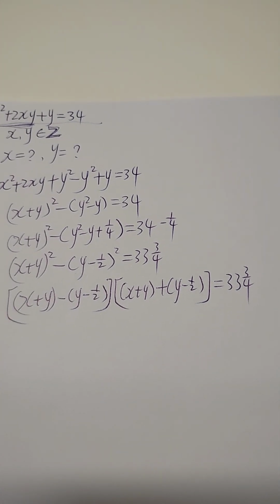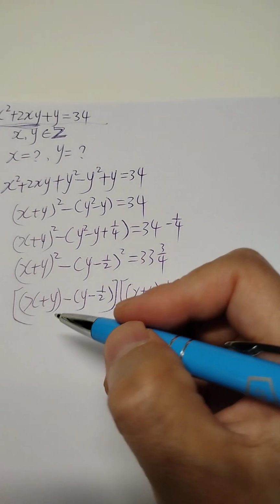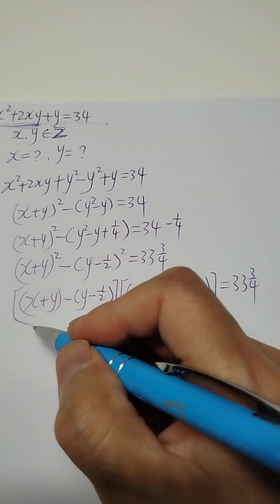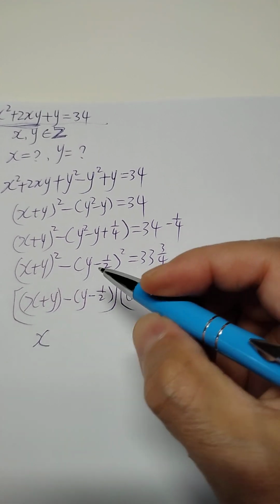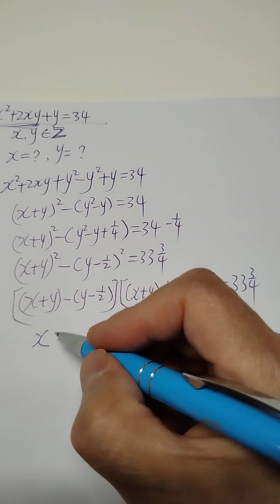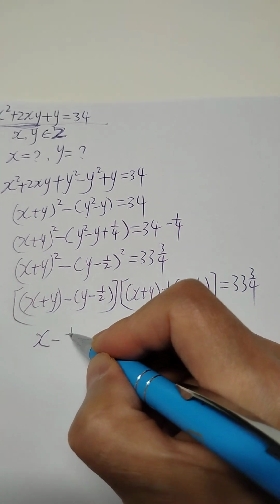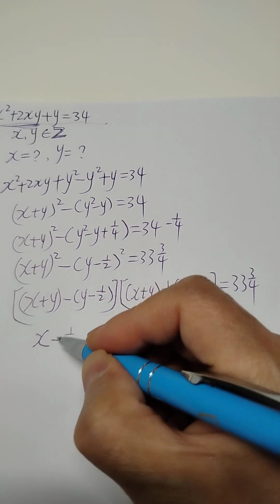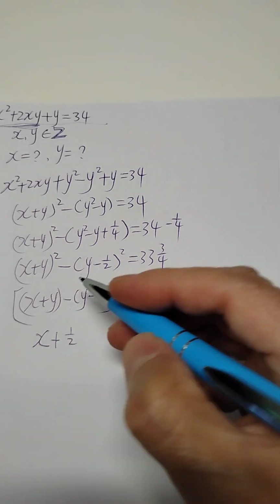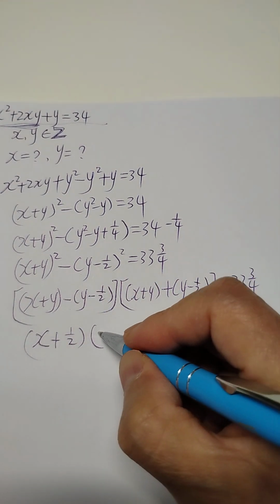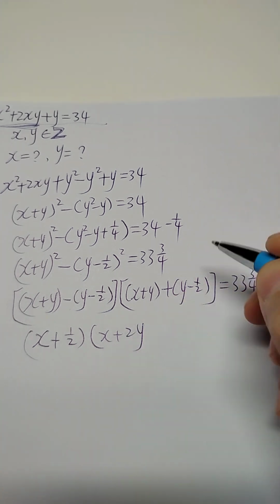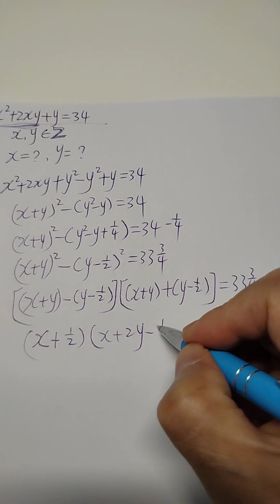There's no magic, so let's simplify it. The y cancels, minus minus becomes plus, so we have x plus 1/2, times x plus 2y minus 1/2.